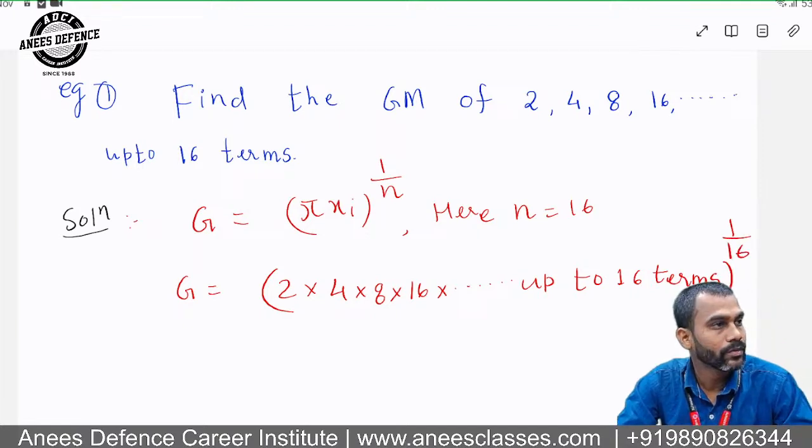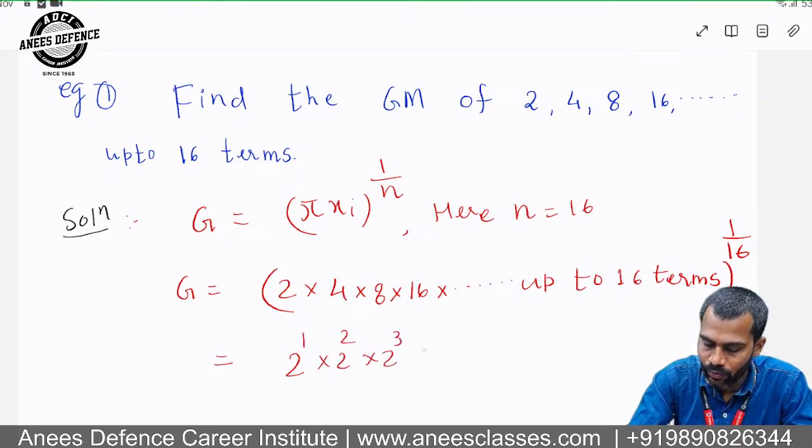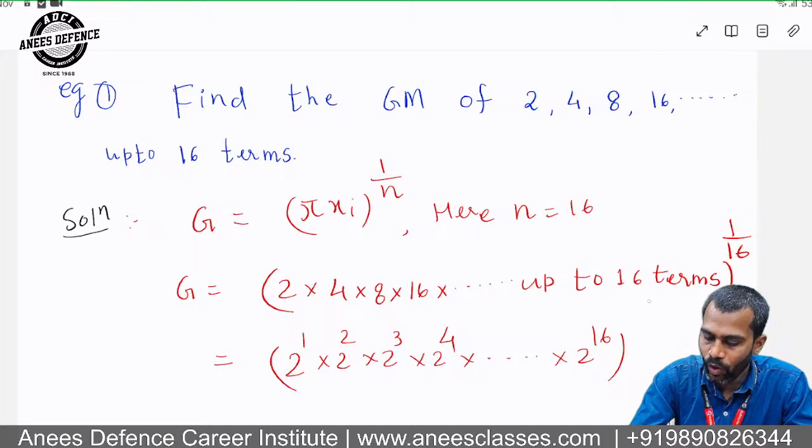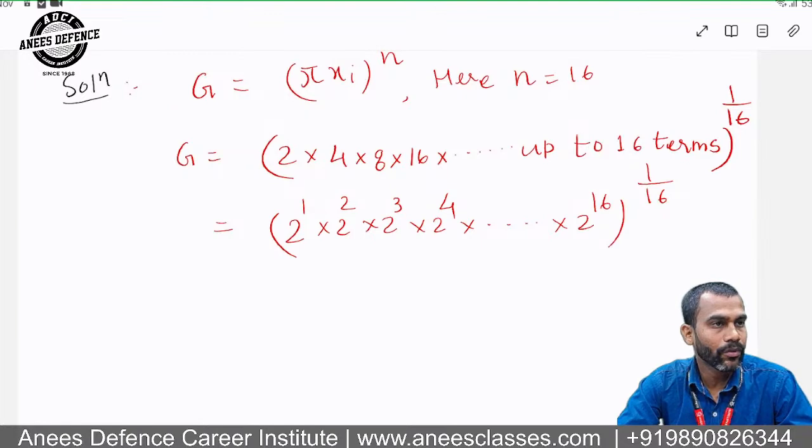Is there any doubt? So can I say 2 raised to 1 into 2 square into 2 cube and so on till 2 to the power 16, whole power 1 by 16? Is there any doubt?